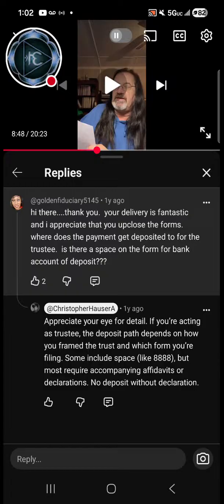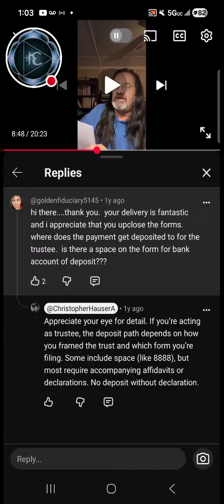And since he didn't explain what he meant, the framework of the trust has to align with the documentation and which form you're filing. Some include spaces, but most require accompanying affidavits.